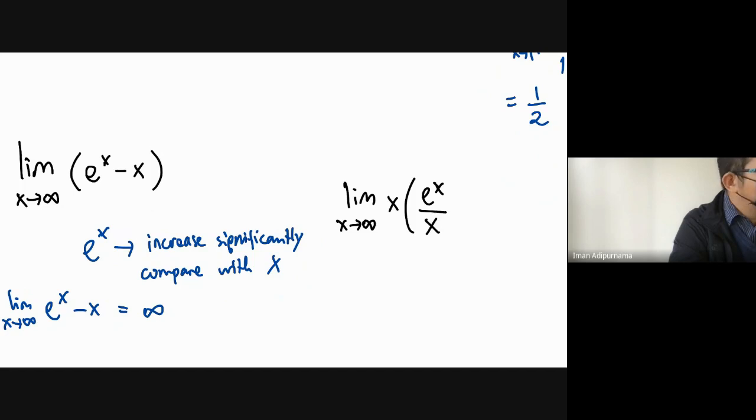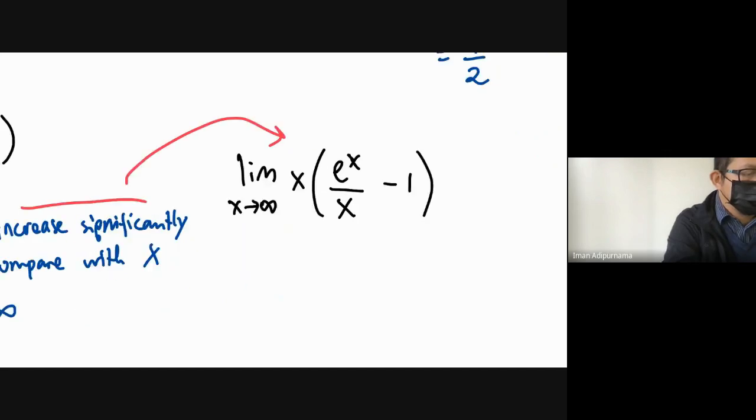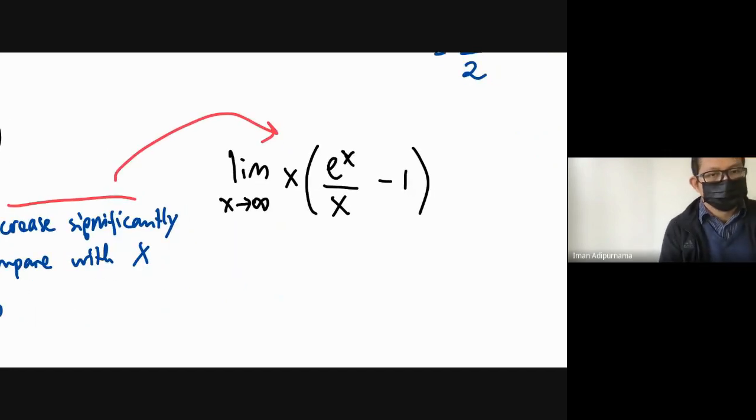We can look at this e to the x over x. So we can verify our conclusion here when we factor out this x.